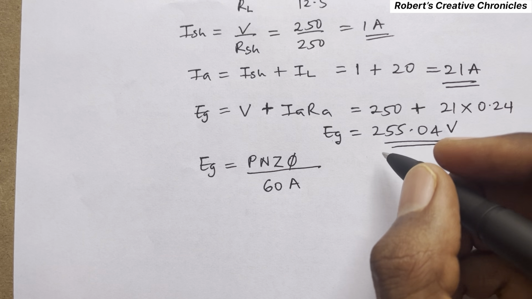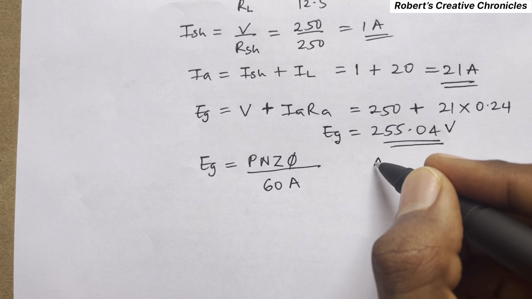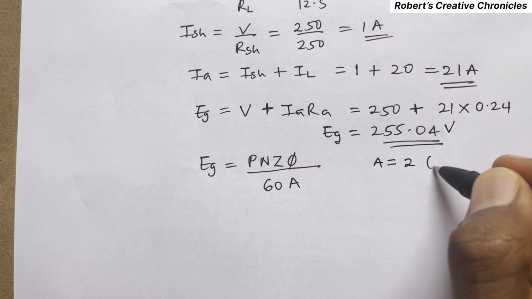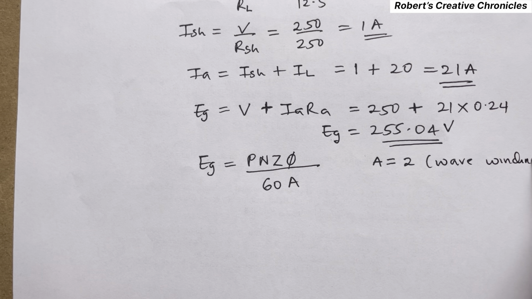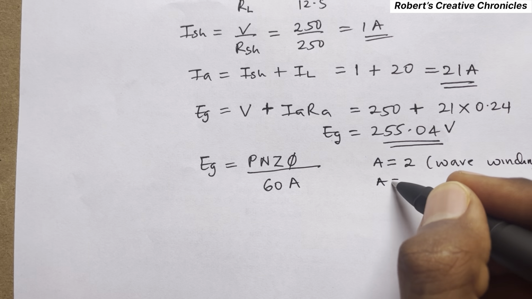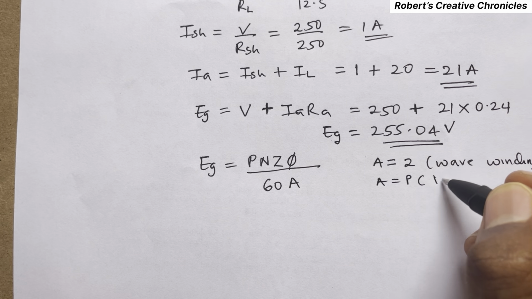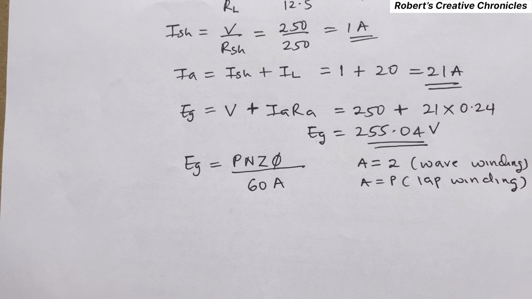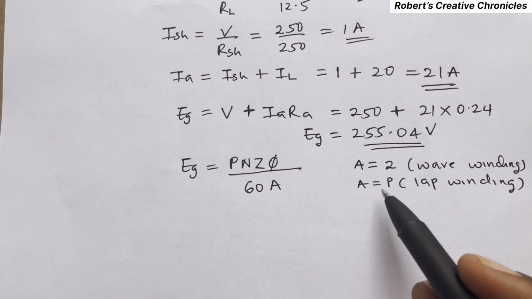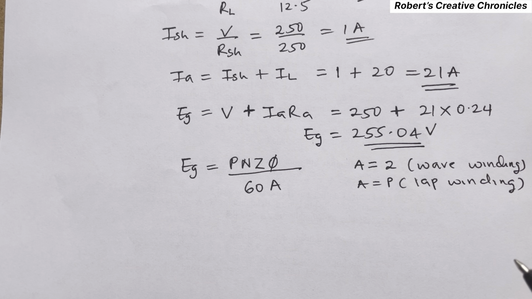Let me write it here. A is equal to 2 for wave winding and A is equal to P for lap winding. And this is a wave winding.